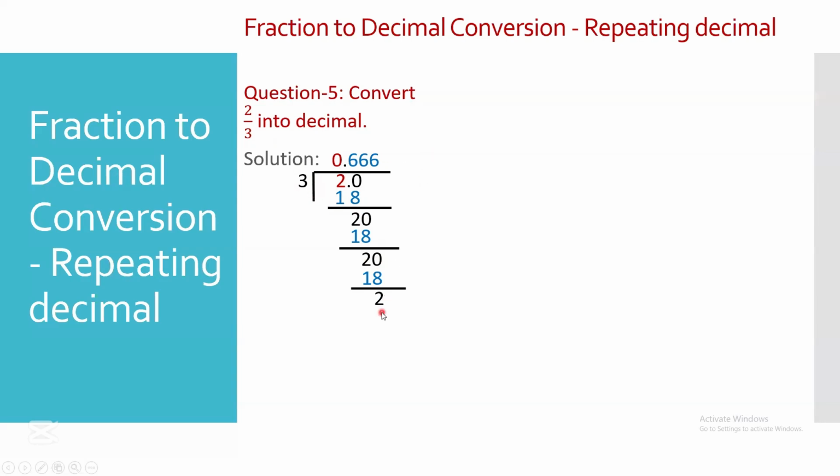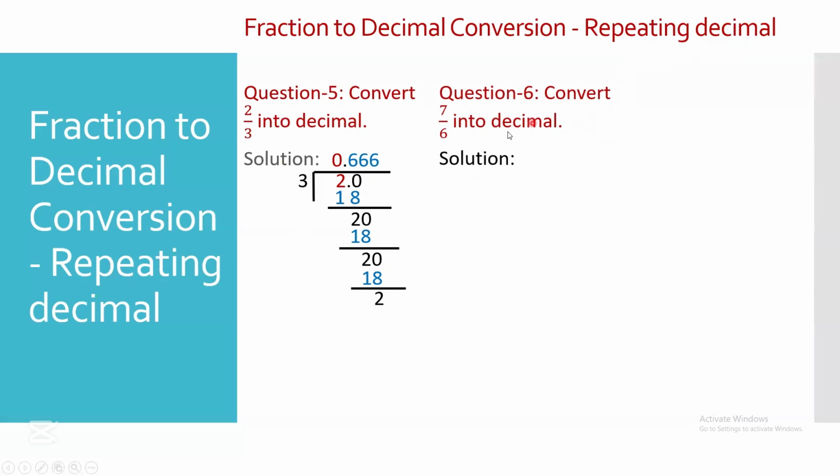Again 3 sixes are 18. So it continues like this, and you will get the same number again and again. This is called a repeating decimal, where in the division we do not get any other number, but some number or a few numbers repeat themselves again and again. So this is called repeating decimal.